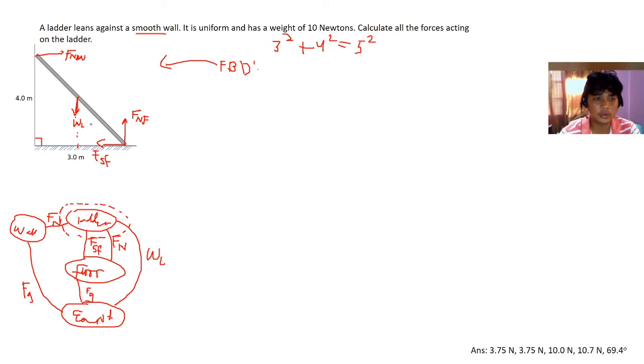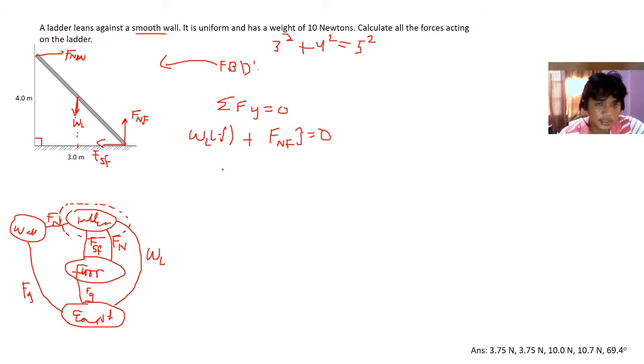We do know that the summation of forces along y is 0, and that there are only two forces acting along the y. That's the weight of the ladder, negative j hat, plus the normal force due to the floor, and that is j hat.